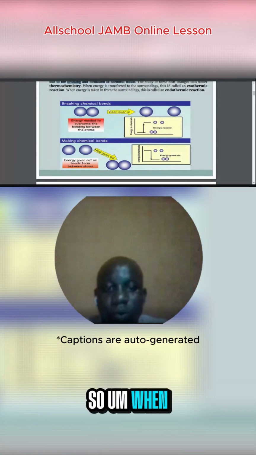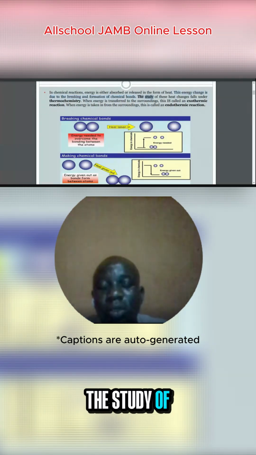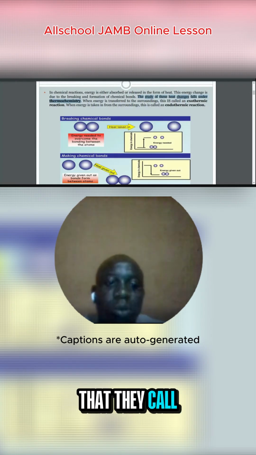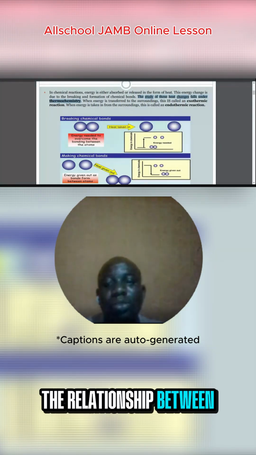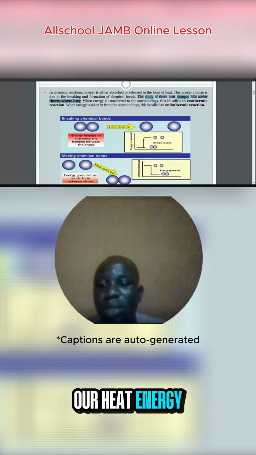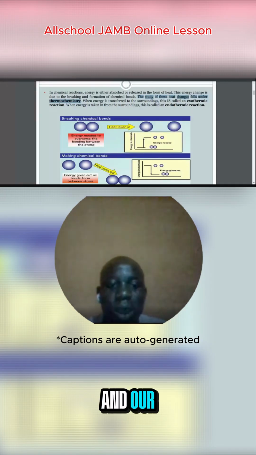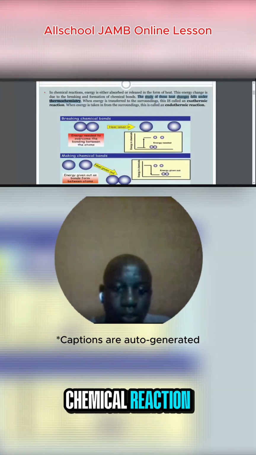The study of heat changes falls under a branch of chemistry called thermochemistry. When you look at the relationship between chemical reactions and heat energy, you see how heat energy makes some reactions occur and how heat energy is produced as a result of some chemical reactions.